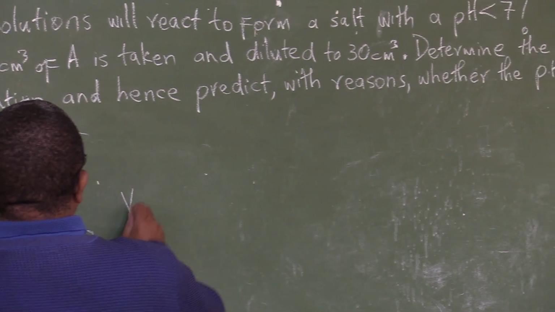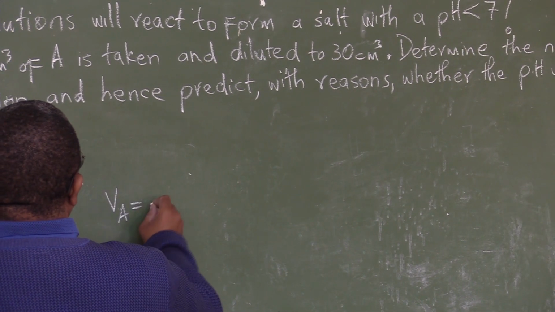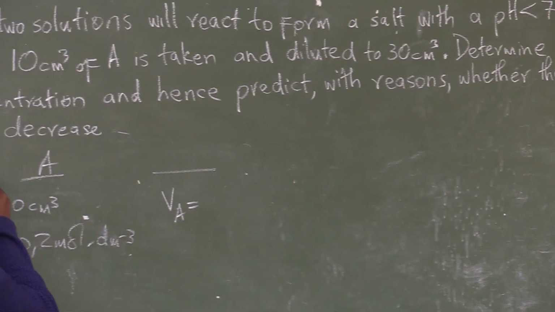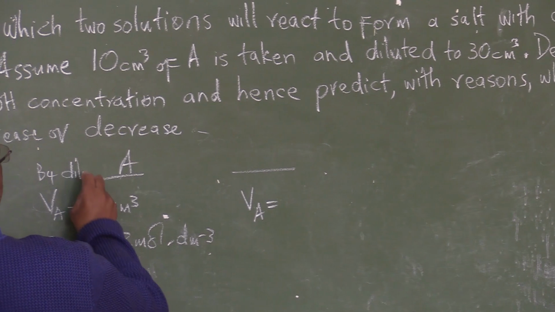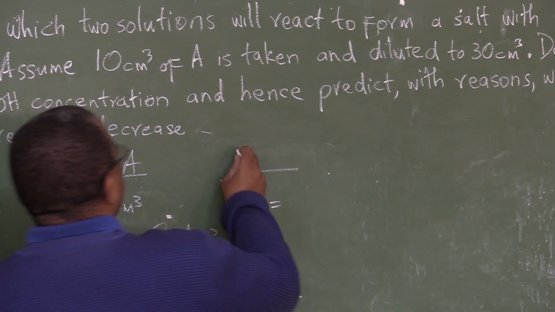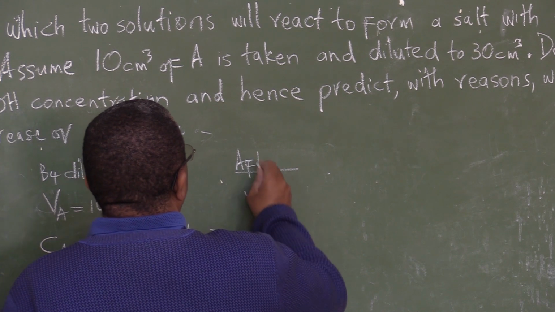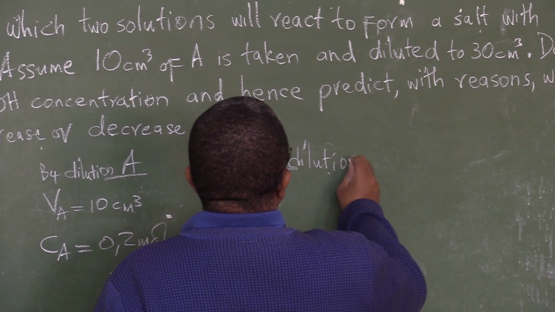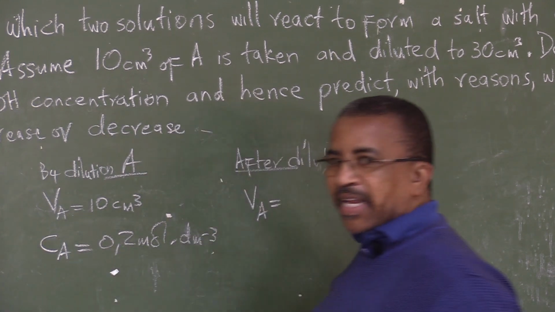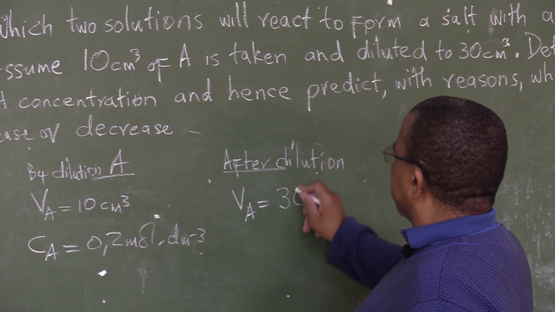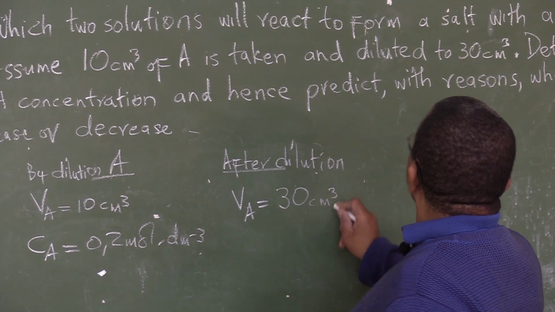Let's say VA is before dilution, and then what about after dilution? After dilution, water is added and the volume becomes about 30 cubic centimeter.